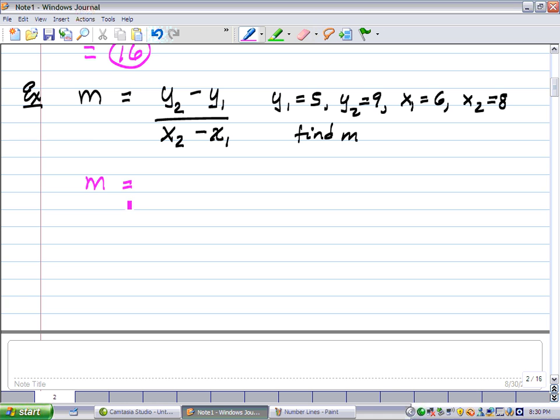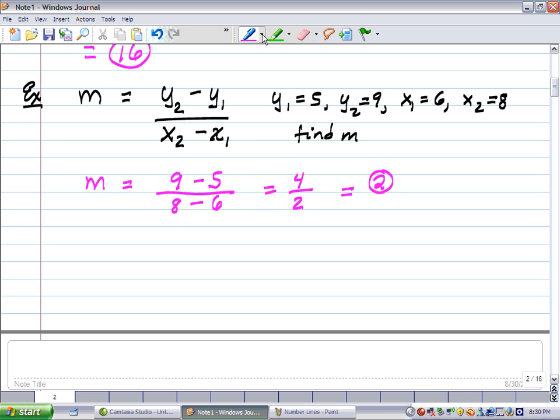Okay, y sub 2 is 9, so I'm going to have 9 minus y sub 1 is 5, over x sub 2 is 8 minus x sub 1 is 6. 9 minus 5 is 4, and 8 minus 6 is 2. So when I divide 4 divided by 2, my answer is 2.